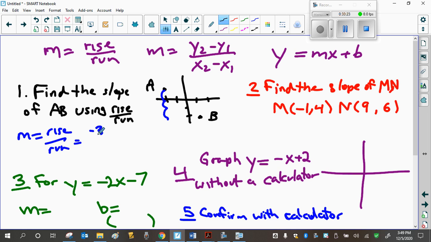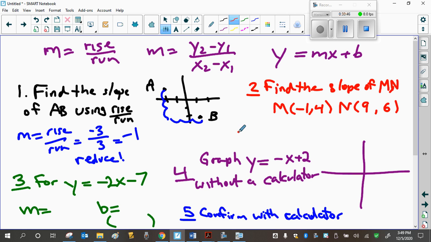So negative 3 is the rise. And then we go 1, 2, 3 to the right. And then make sure you reduce that, please. So great job. You're not done yet, though. You've got to put that equals negative 1. Negative 3 divided by 3 equals negative 1.